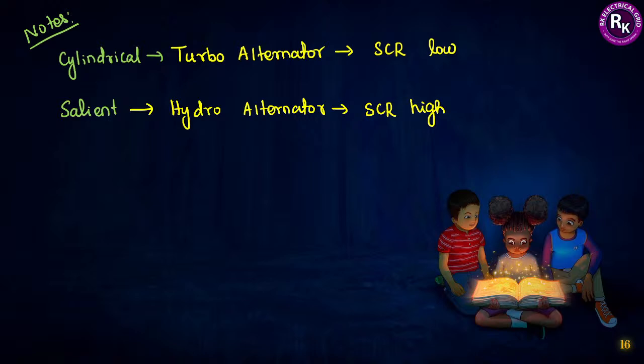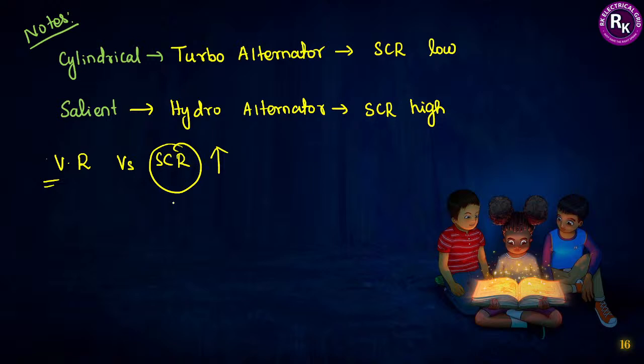Okay. Now, the next question is, what is the relation between voltage regulation versus short circuit ratio? That is, if I am having more short circuit ratio, does it mean we are having better voltage regulation or poor voltage regulation? That is the question.